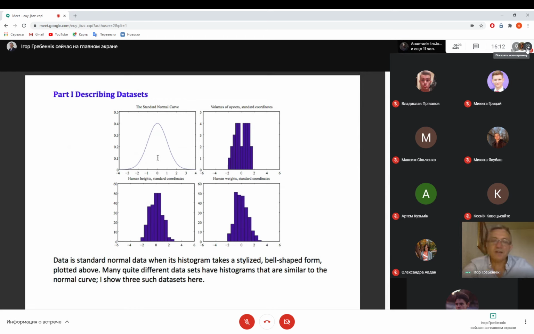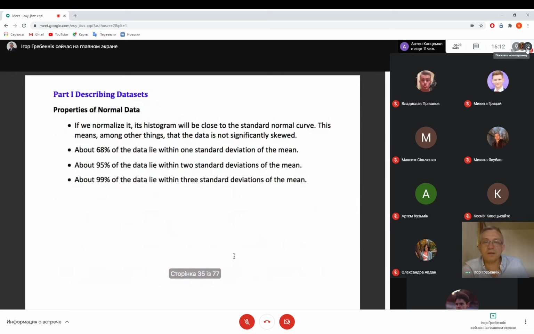This is a property of normal data. When we have two standard deviations to the left and two standard deviations to the right, 95% of the data will belong to this interval.